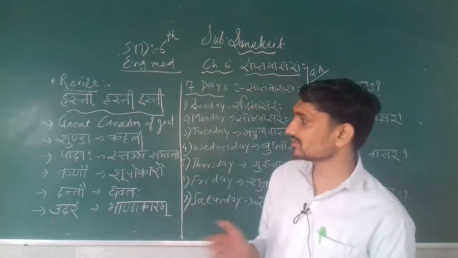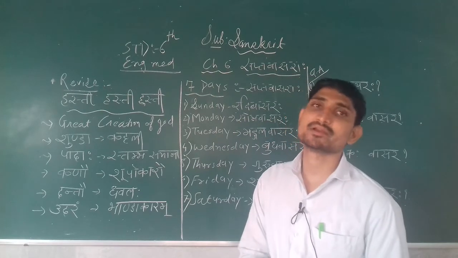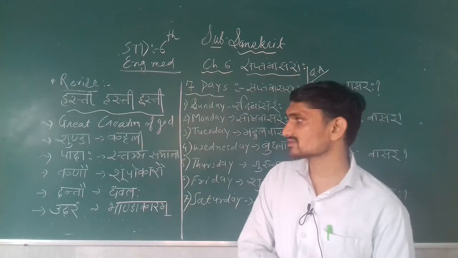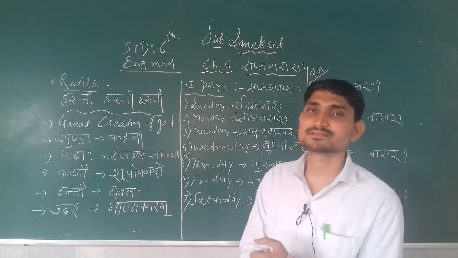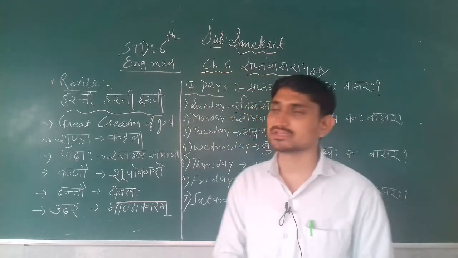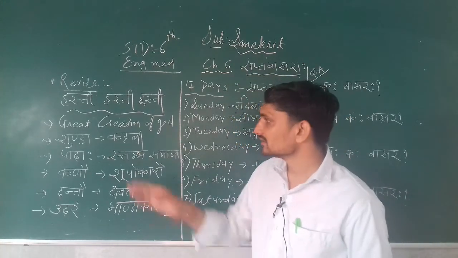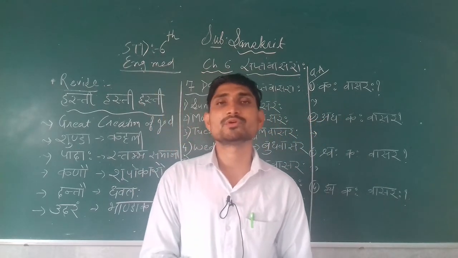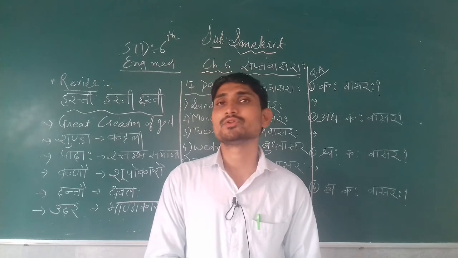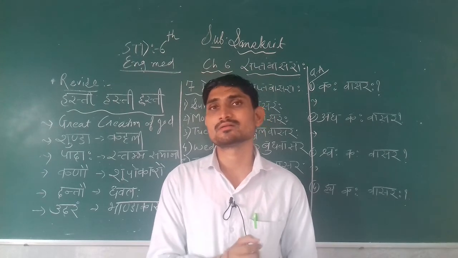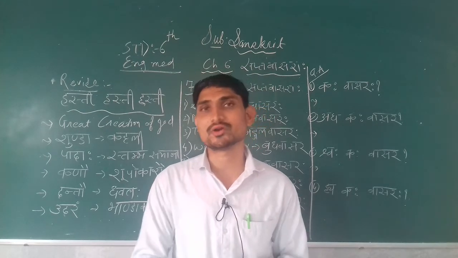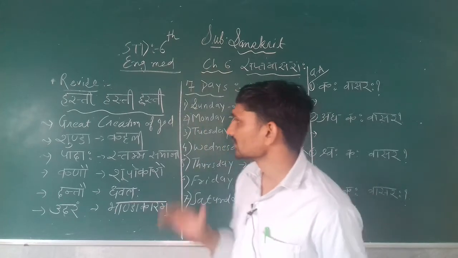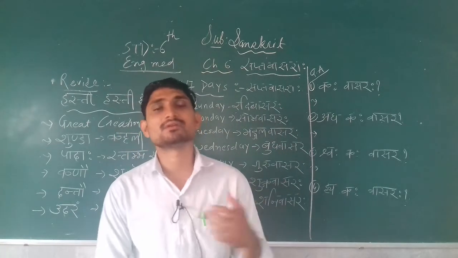I have written a little so you can easily recall it. The first line you can see in your book: Hasti Divya Devi Srishti, meaning great creation of God. Here the poem says, oh elephant, you are the great one and the best creation of the goddess. So this concept is given here.